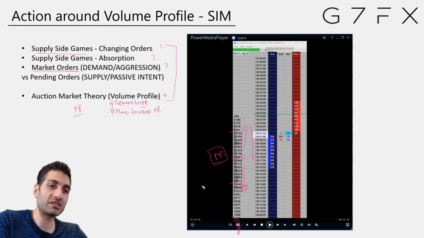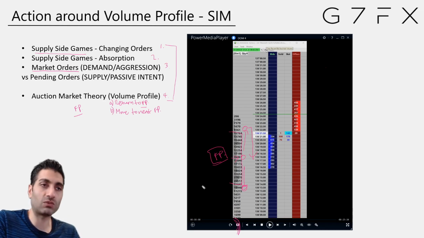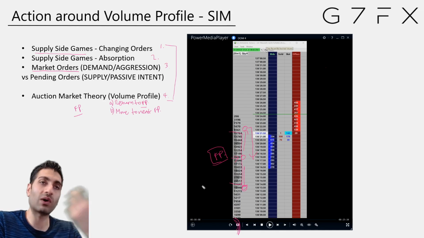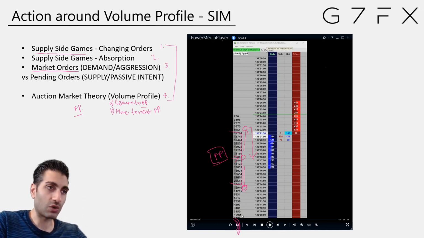If the carton of milk collapses to $1, and then things get better, where's the market logically going to go back to? Where it was before, 150 fair price. So I'm looking for where was the next level of fair price. If we break out of the previous fair price, we're going down to the next one. If we break out here and go out the top, I'll probably look for something the previous day.